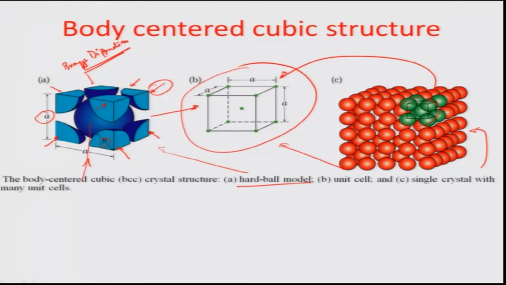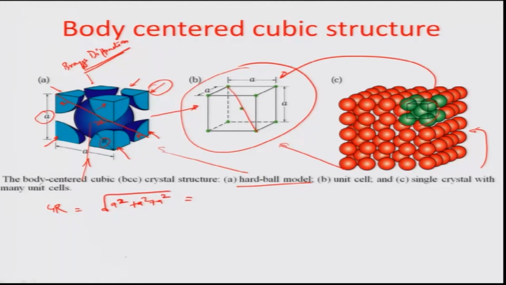So, basically, if I just look diagonally at what is going to happen here, for example, you have radius r, radius 2r and radius r combined together. So, you have in total 4r, and this results in the diagonal distance in the unit cell, which is actually equal to the square root of a squared plus a squared plus a squared.